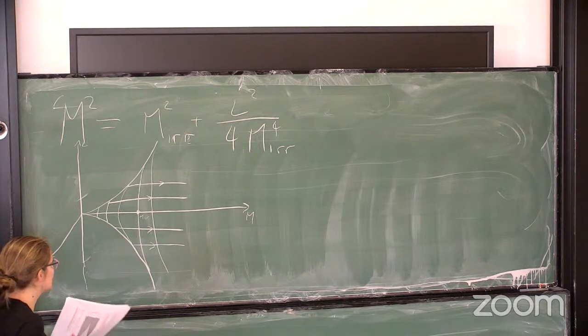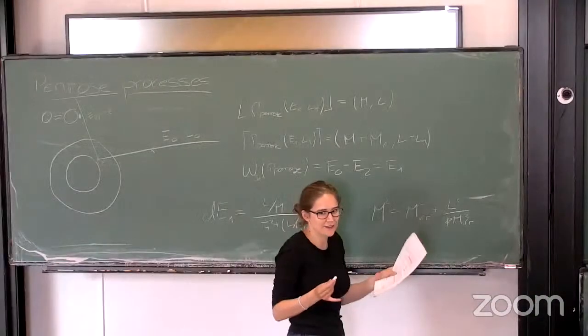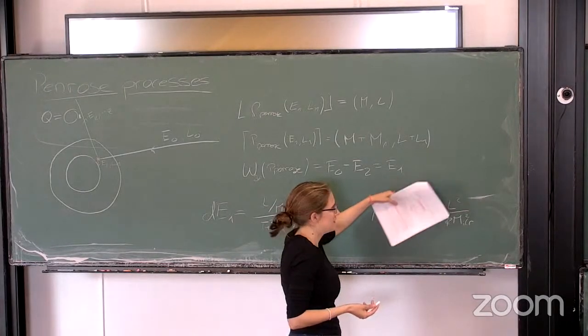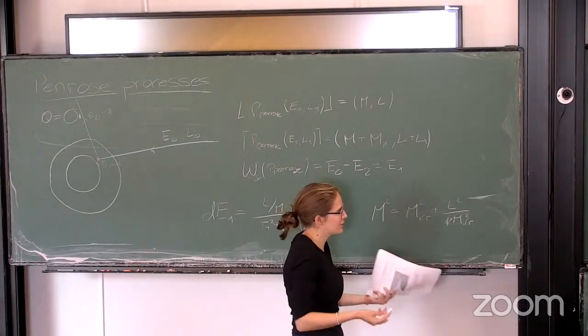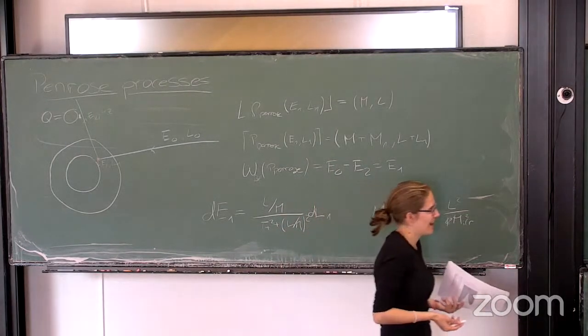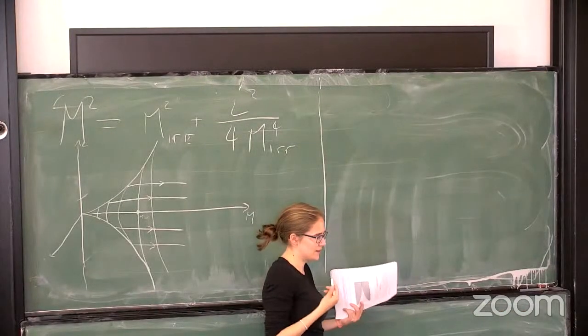The second part we also fulfill because the work we do in all of these processes is directly just the mass change, which also gives you the hint to what the internal energy is, because the work we do is always given by the mass change in both of these kinds of processes.